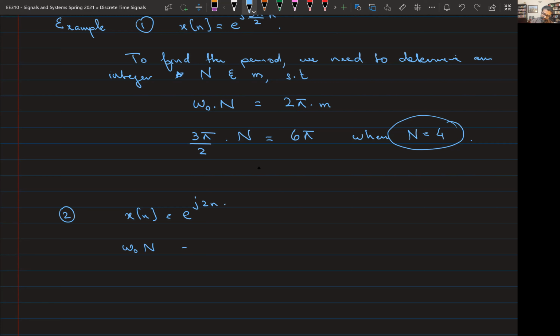So this is equal to 2 times n. Find an integer capital N such that 2 times n is equal to an integer multiple of 2 pi.